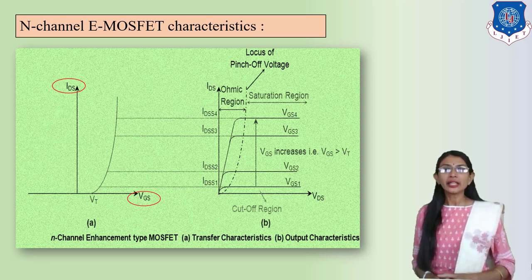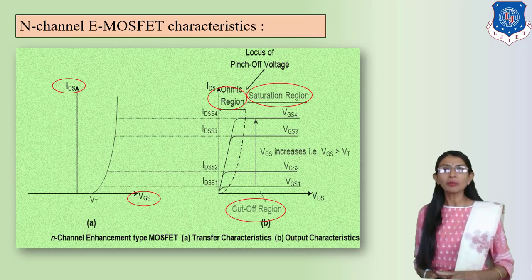Similarly, let's take the other characteristic, that is the output characteristic, IDS versus VDS, in which I have drawn the three regions. We can define the regions: ohmic region, saturation region, and cutoff region. Here we will increase the VDS positively 0, +1, +2, and we will have the particular maximum ID, that is known as IDSS.